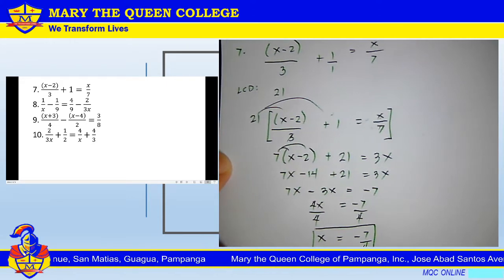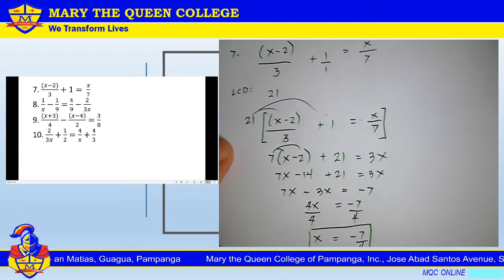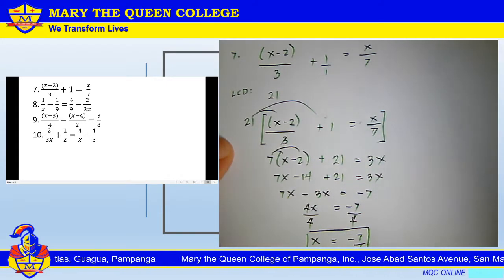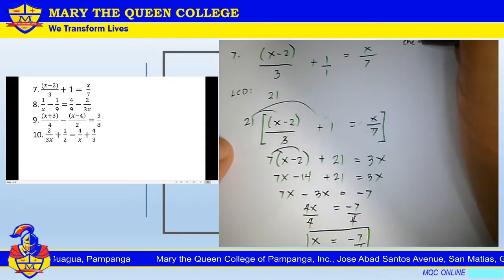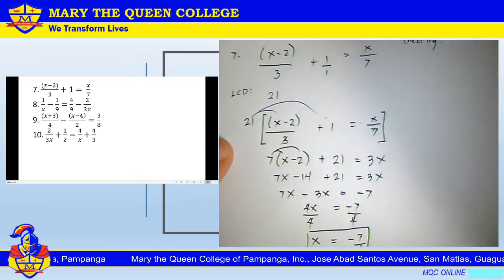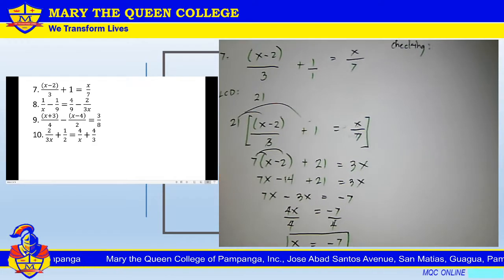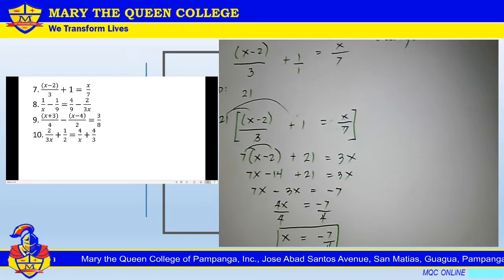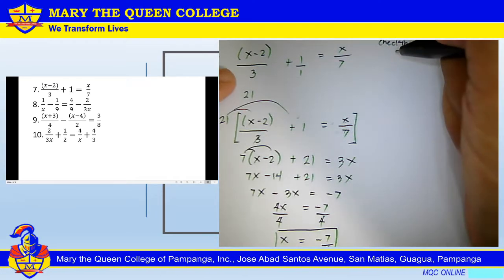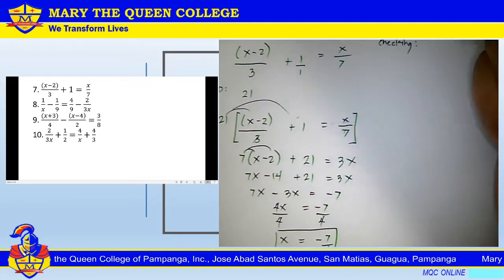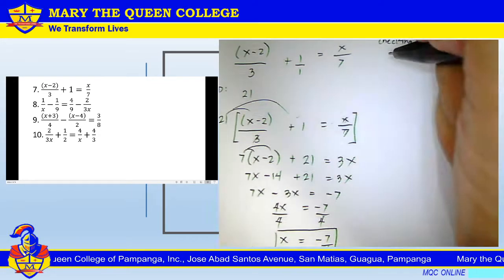Okay? So for the checking, this should be one of the toughest checking that we will encounter. So replace x by negative 7 over 4.